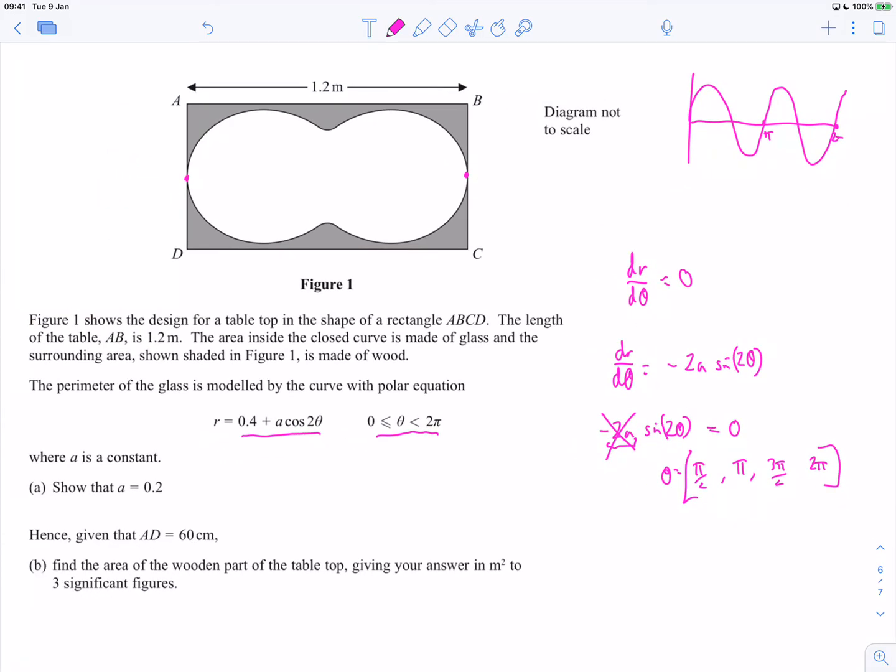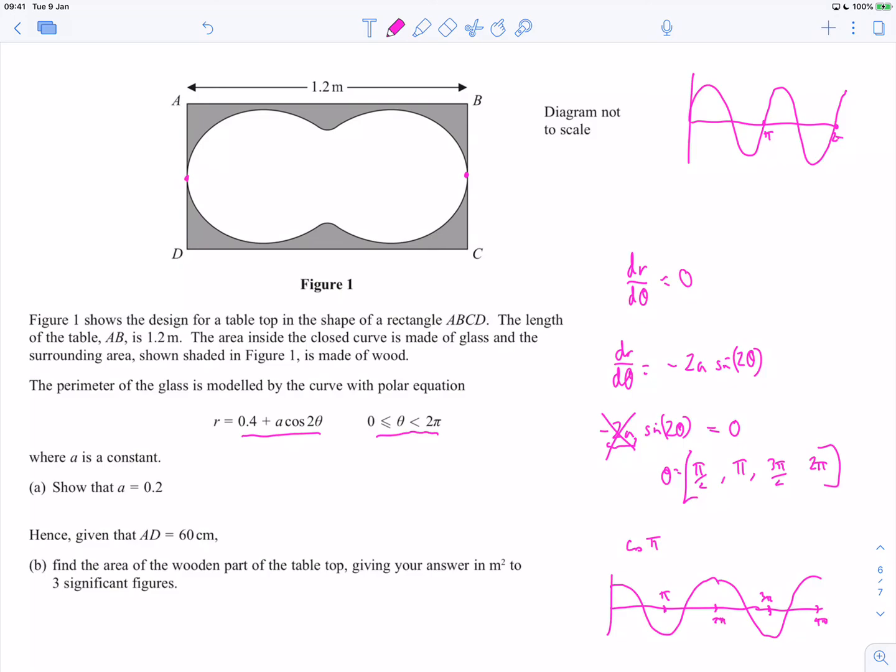So let's see what happens when I plug in pi over 2 into these things. Well, what is cosine of 2 lots of pi over 2, which is pi? Well, here's cosine. Cosine is going to look like this. So here's pi, here's 2 pi. Now, if I was to keep going, because I'm doubling this thing, then this would be 3 pi and this would be 4 pi.